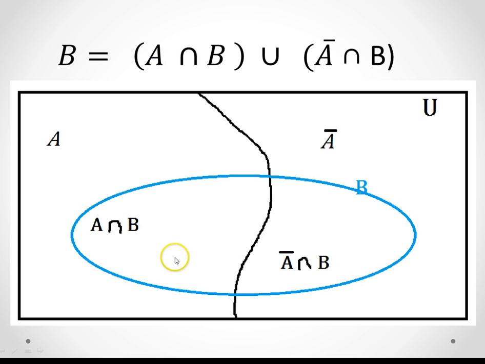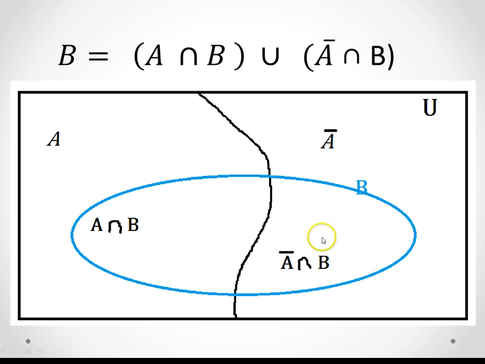And we looked at this kind of picture, and we saw that B can be written as this union this, where A bar stands for the complement of A. And we also said that each piece has nothing in common with the other one.